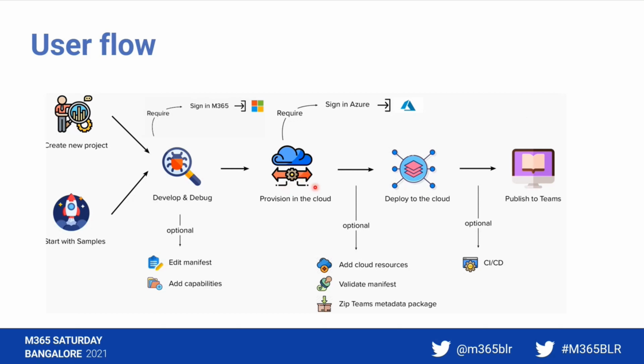It is not mandatory to host your Teams application in the cloud itself. But if you choose to host in Azure, you would be able to provision all the resources directly from Visual Studio Code to your Azure environment or Azure subscription, right? And this will require you to sign into Azure.